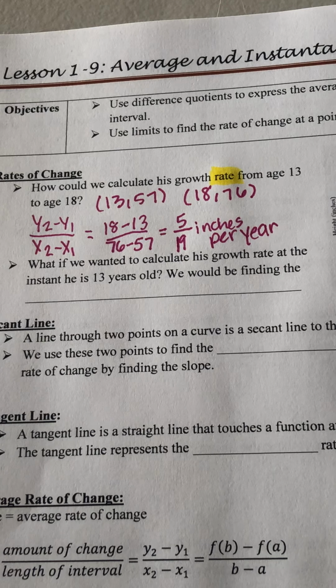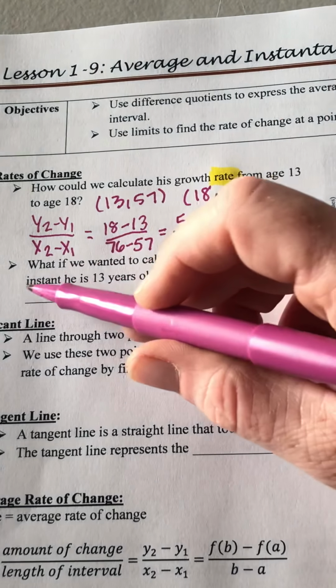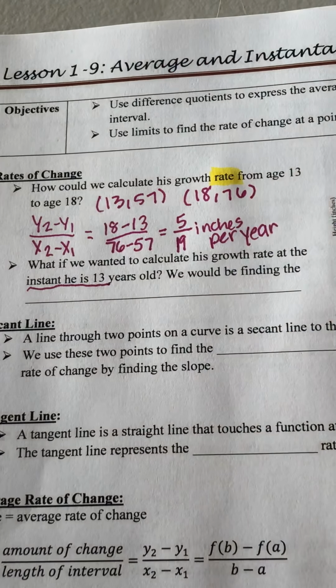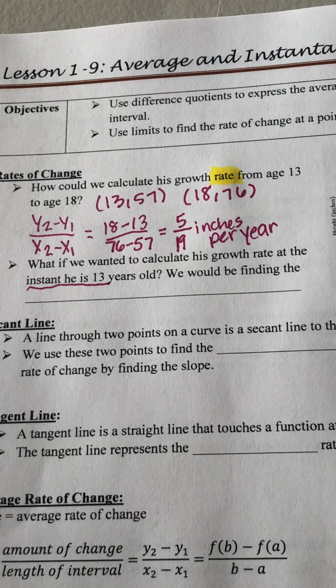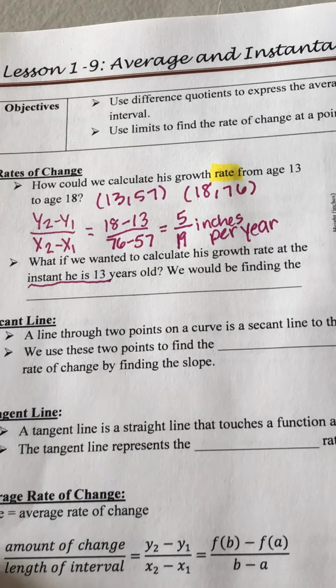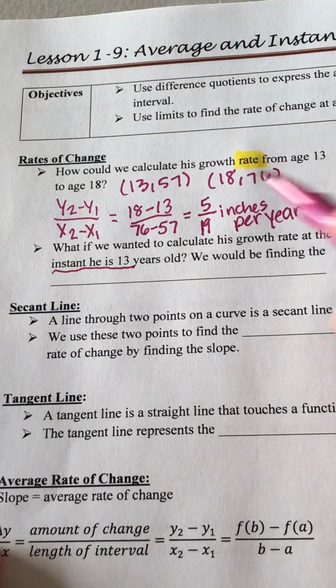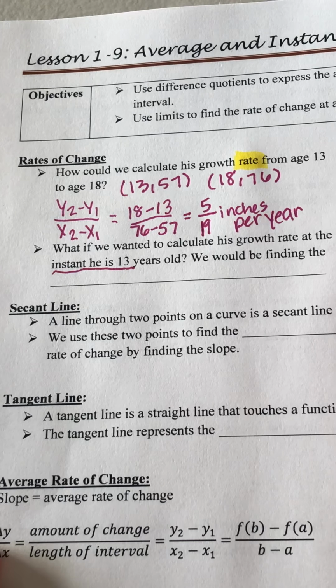Okay, so then, next question. What if we wanted to calculate his growth rate at the instant he is 13 years old? Okay, we're gonna do that as we move on, but at the instant it wants to know how fast he's growing.